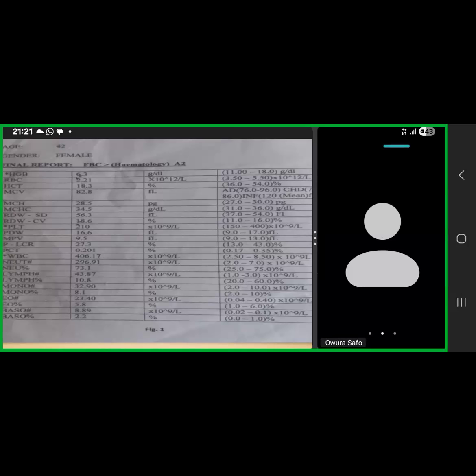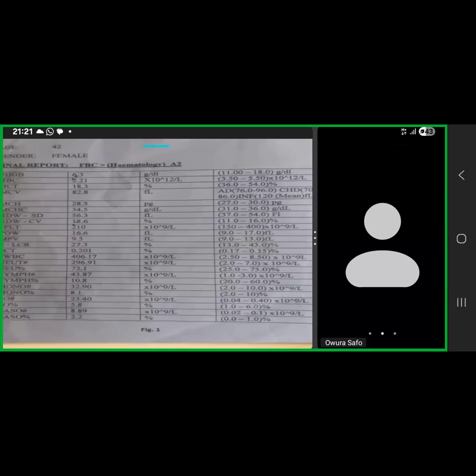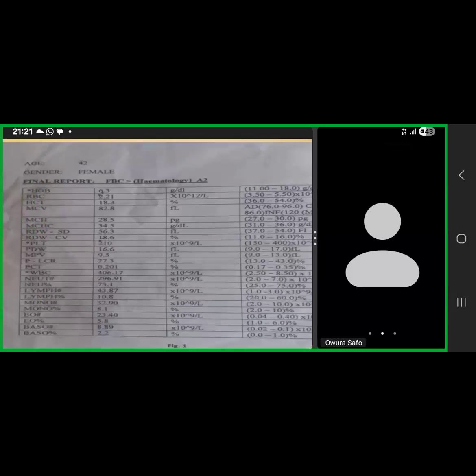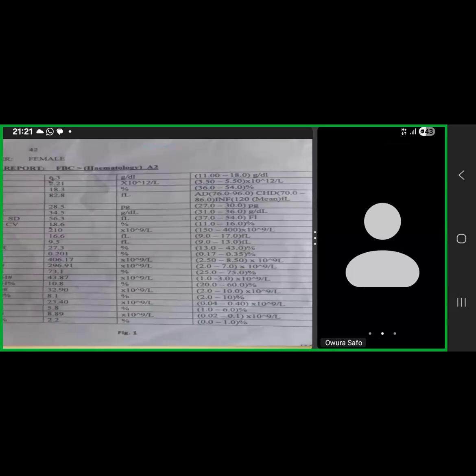So I want to find out, should we still comment on each, or should we bring out a presumptive diagnosis? We are trying to answer a question. We said comment on the results and suggest a provisional diagnosis. And then we'll also suggest further laboratory tests that will lead us to a definitive diagnosis.